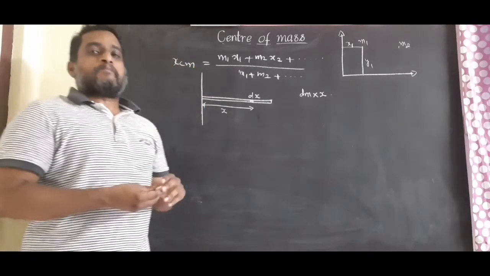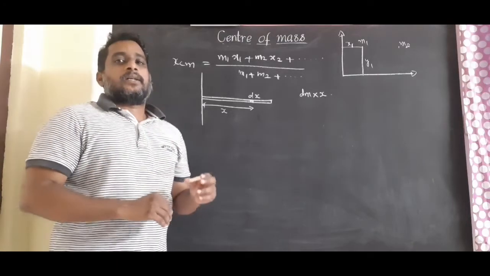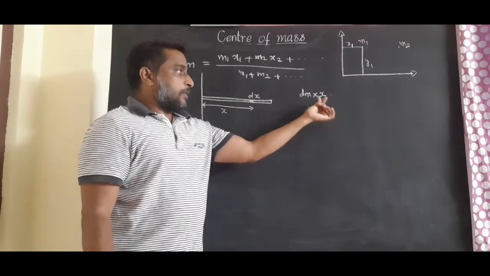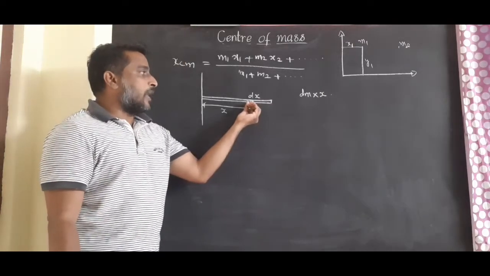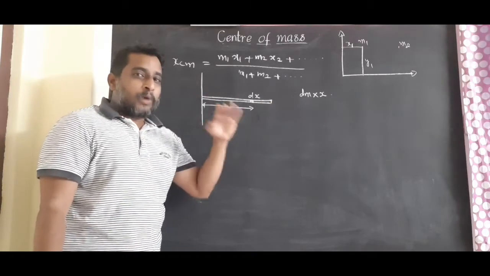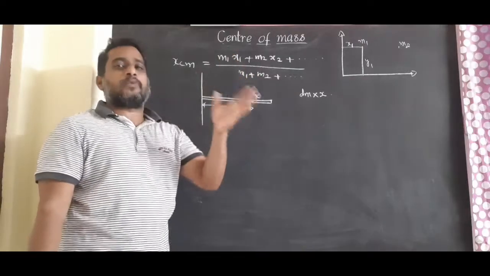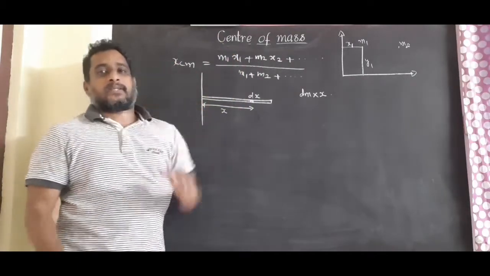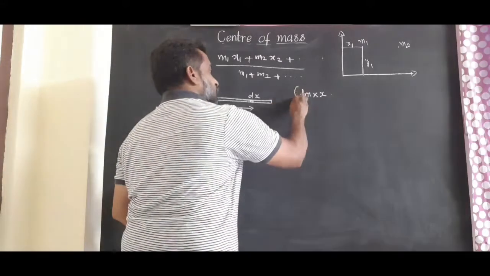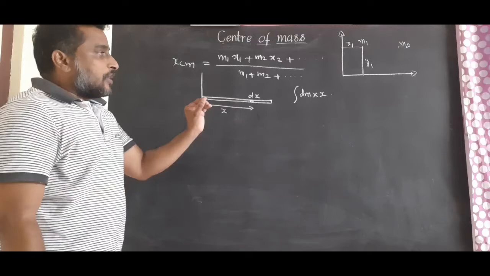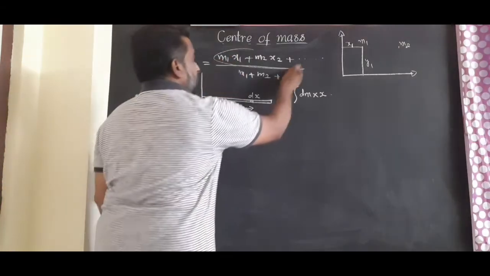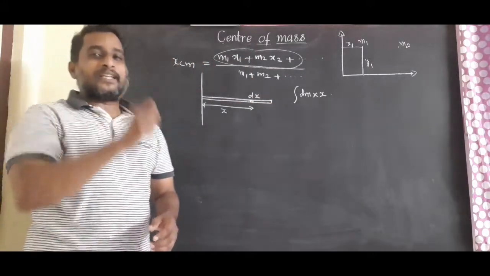For that purpose, here we use the concept of integration. See, dm into x represents moment of mass of one particle of the rod about y-axis. We require the sum of moment of masses of all such type of particles in the rod about y-axis. So for that we use integration. That means in case of continuous mass distributed bodies, we replace this numerator factor by the integral of dm into x.